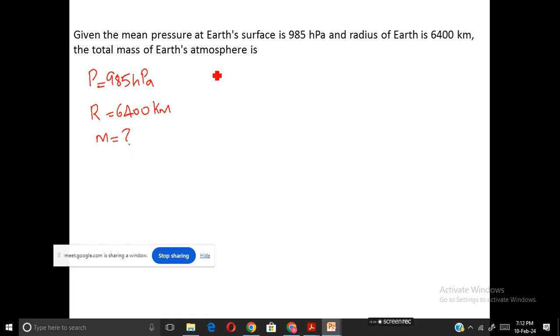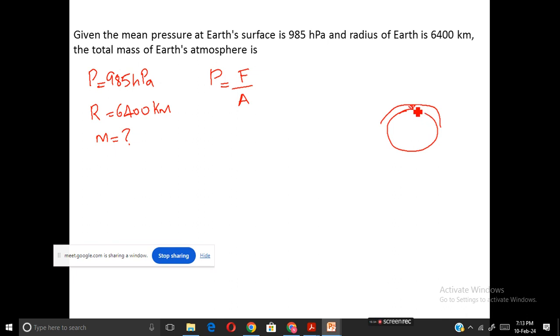So basically, what is pressure? Can you tell me the basic definition of pressure? Pressure is defined as the force per unit area. Pressure is basically F by A. So here we are considering the atmosphere, right? Suppose this is the Earth, this is the atmosphere. So this pressure is exerted by this much atmosphere on the surface.